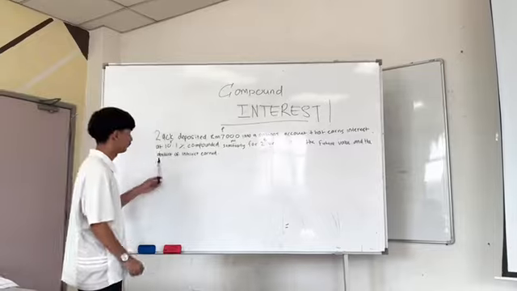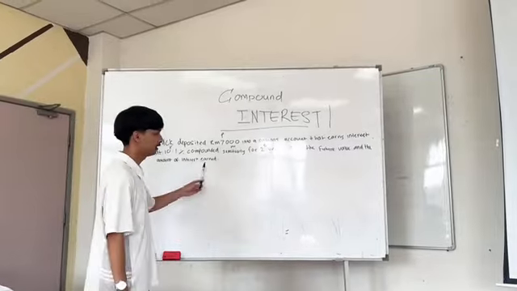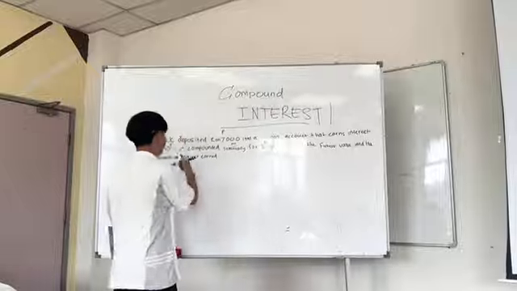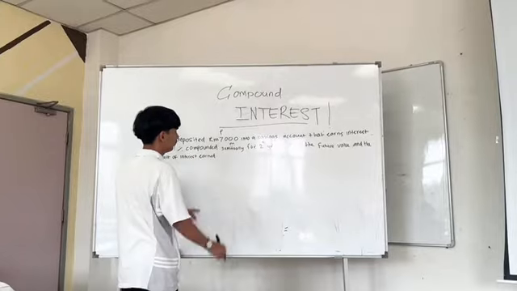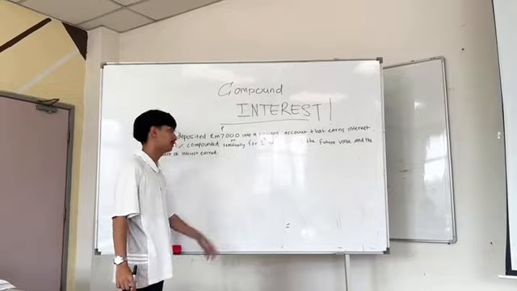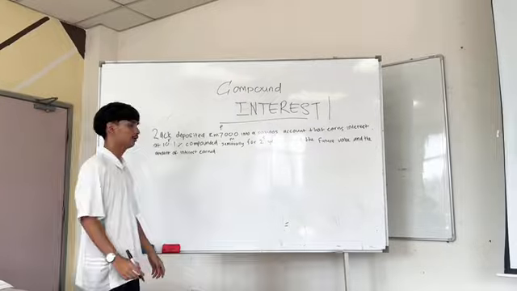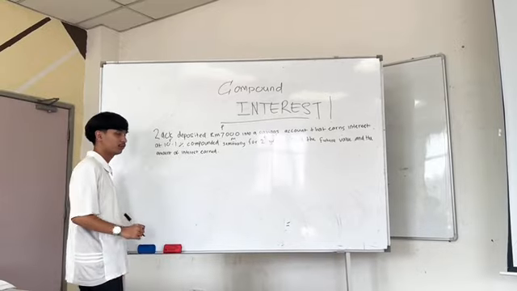Okay, first of all, we must label the most important things in this question, which is P. Then you also must label the rate. You also must label the months, which is 3 months. Then lastly, we must label the years, 2 years. It will be easier for us to answer the question.